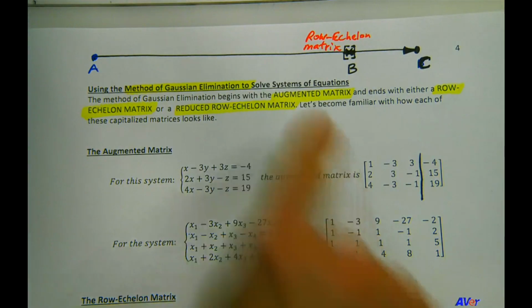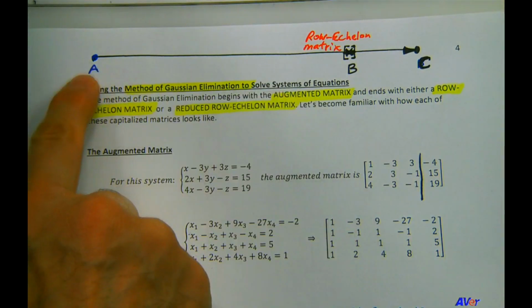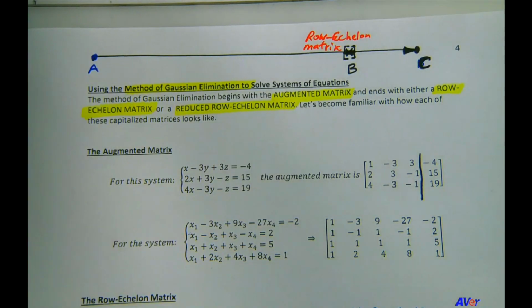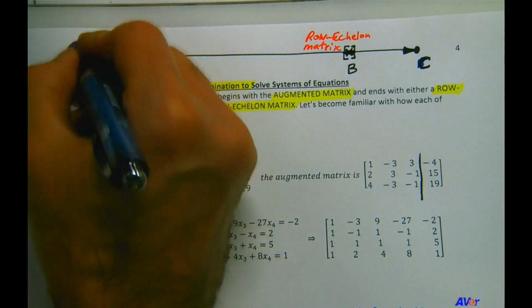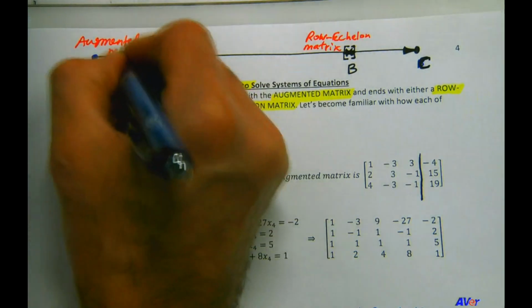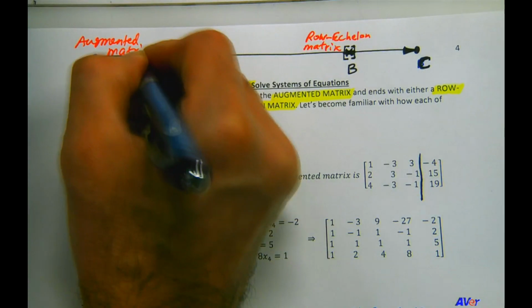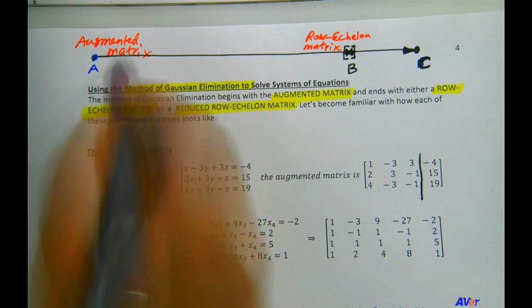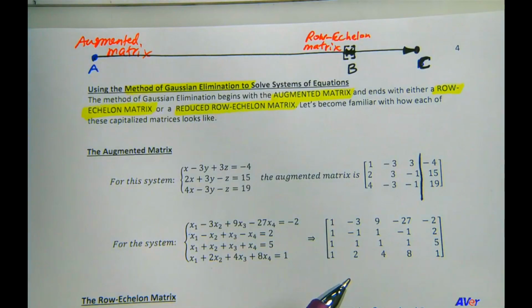So the initial place where you board the bus, that's the augmented matrix, right there. That is the augmented matrix. That's where you will begin. The Gaussian elimination method begins with the augmented matrix. Okay? I hope this is creating a picture in your mind of what is going to happen.